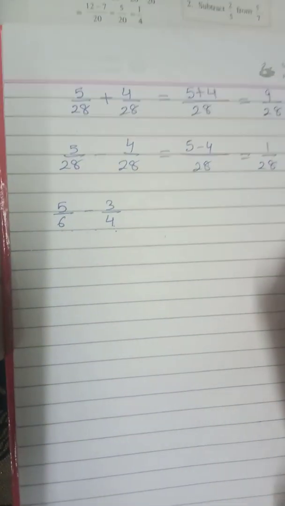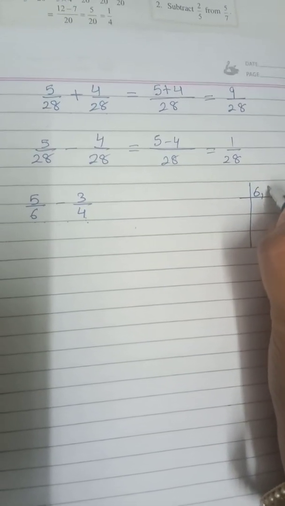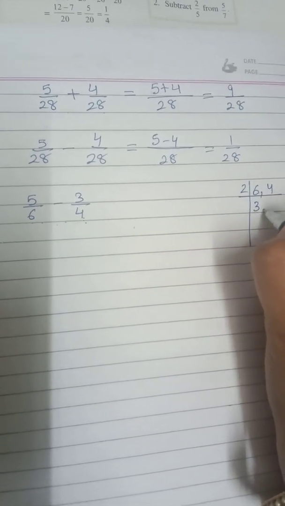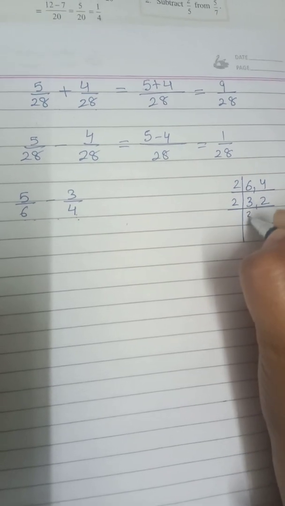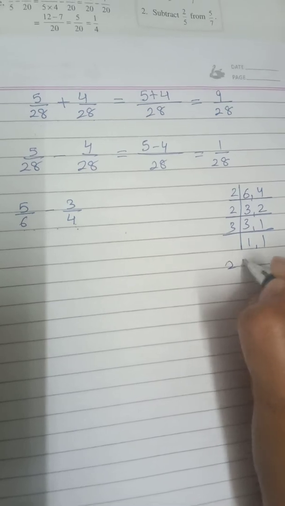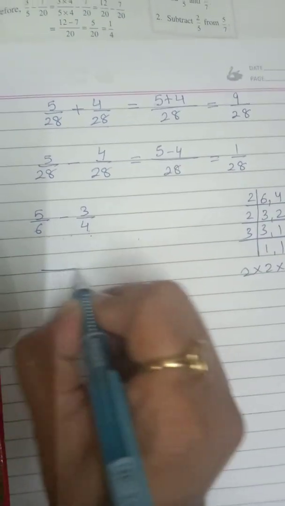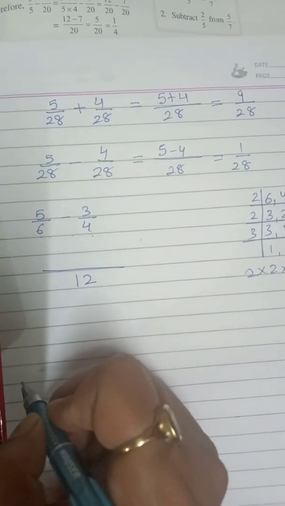So the first step in this is to take the LCM of the denominators. So it is 2 into 2 into 3, that is 12. So the LCM is 12.